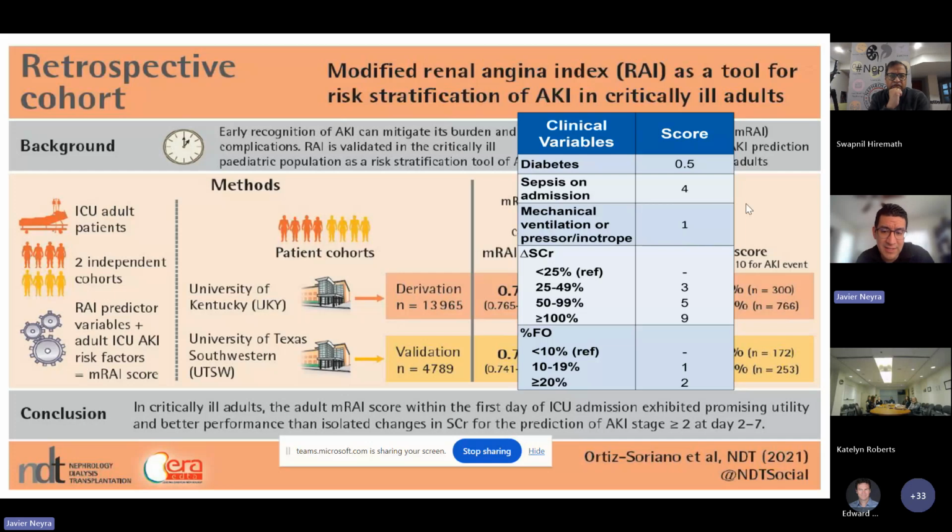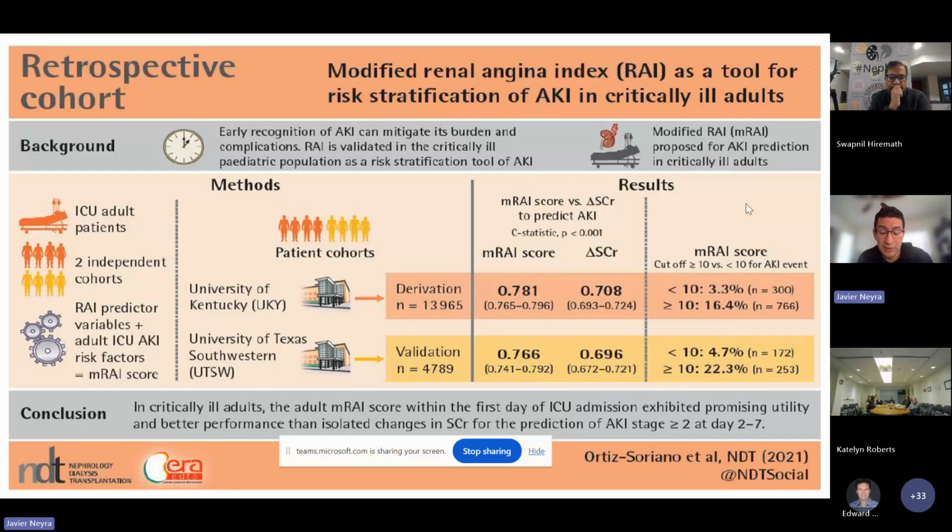These parameters were diabetes, the presence of sepsis on admission, the presence of mechanical ventilation, or the use of vasoactive drugs like pressors and inotropes. Again, the semi-static component: the change in creatinine during this first day of ICU admission, and the level of fluid overload of these patients.